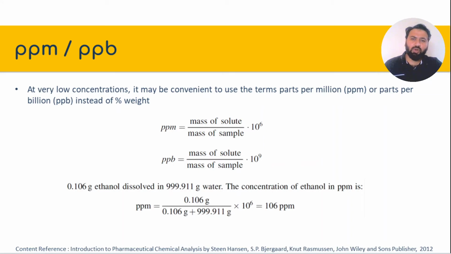It is dissolved in 999.911 gram of water. What is the concentration of ethanol in parts per million? For that, we take the weight of the ethanol divided by the weight of the total sample, as per the formula, and then multiply by 10 to the power 6, and that gives 106 parts per million.